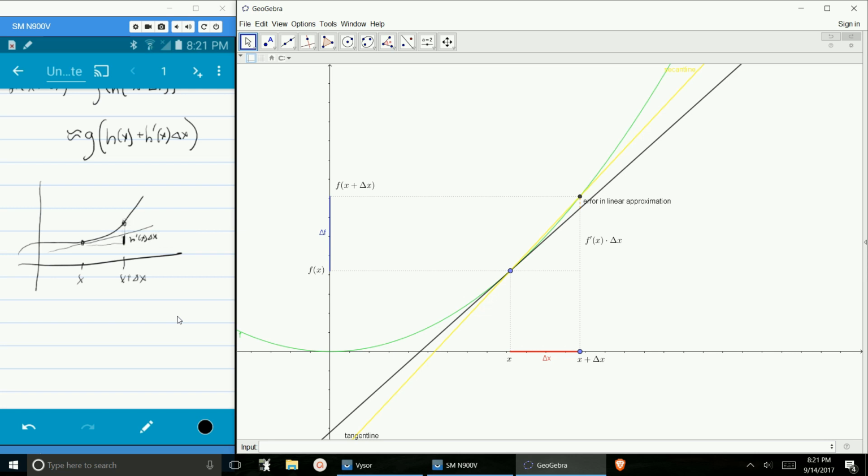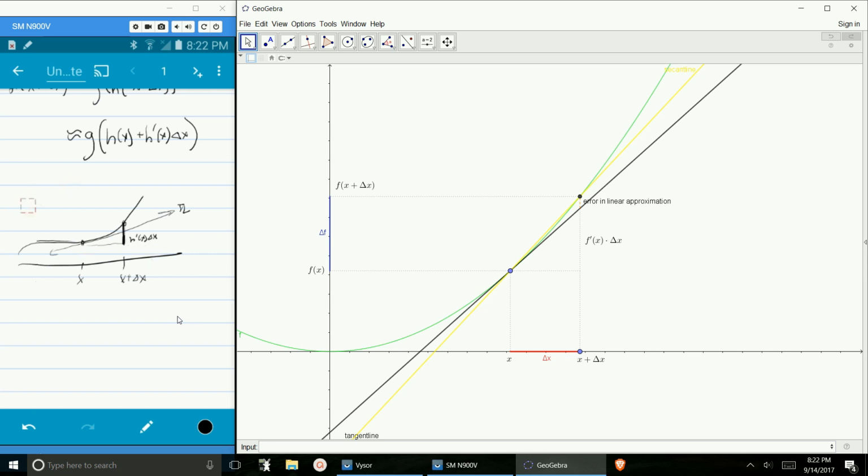But this entire value here is delta h. So this thing is an approximation of delta h, because delta h is coming over here like this. Right? But that's the tangent line. This little part right here is h prime delta x.